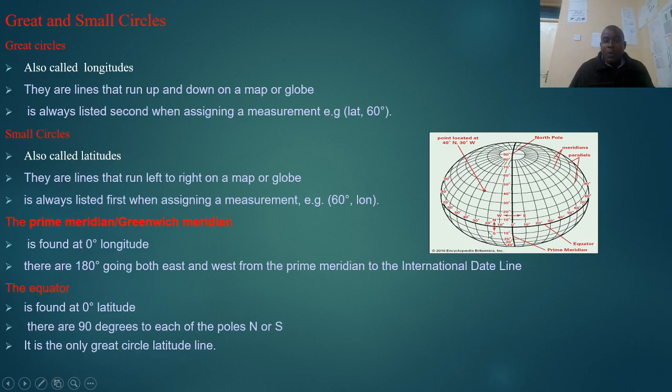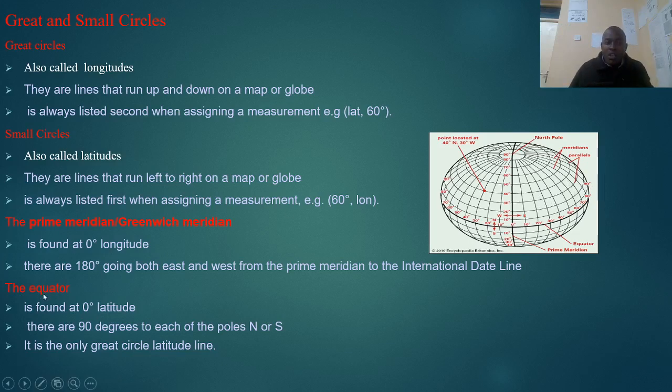And we have 180 degrees east and west from the Greenwich Meridian to the international date line. So from the Greenwich Meridian, they are 180 to the east or 180 to the west.